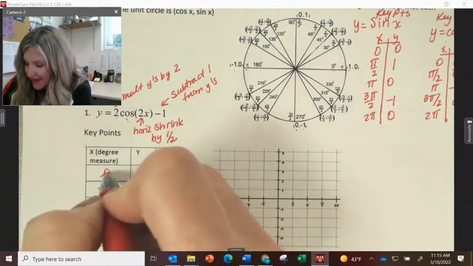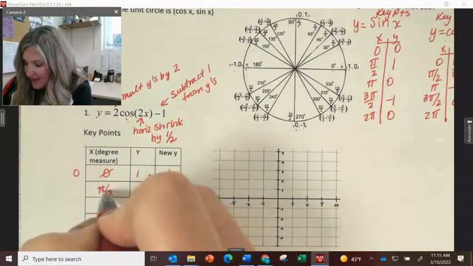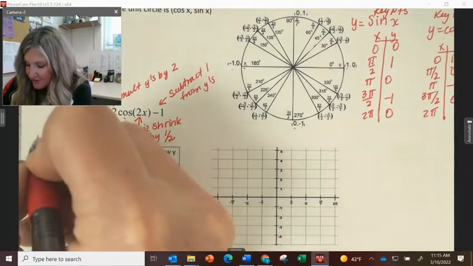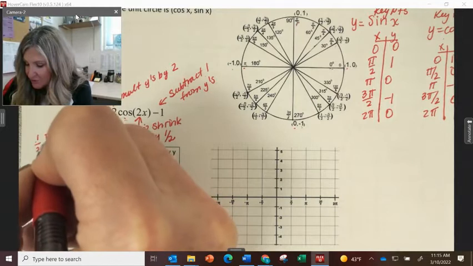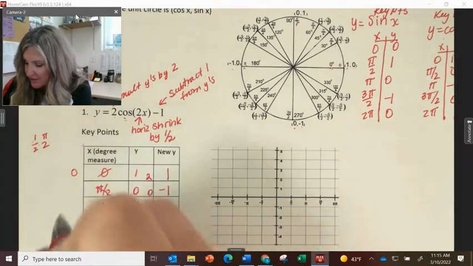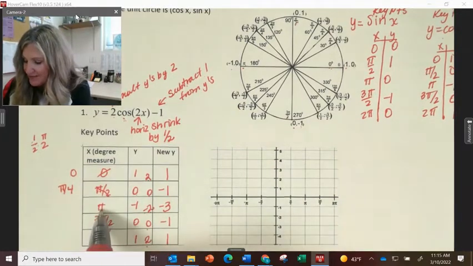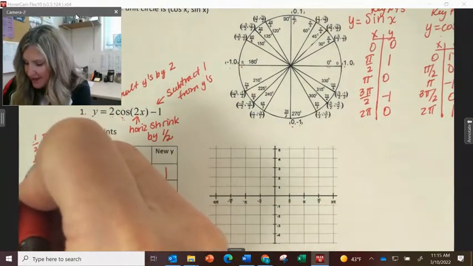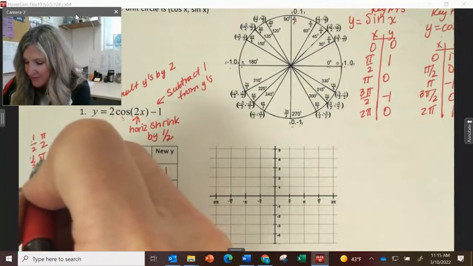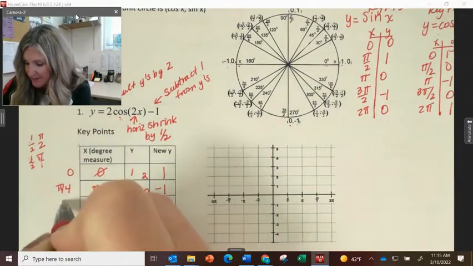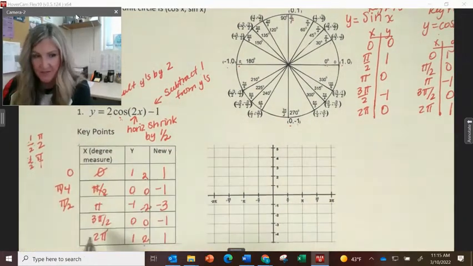So I have to take half of this x, half of this. If I do half of pi over 2, I just multiply straight across. That gives me pi over 4. If I do half of pi, multiply straight across, that's going to give me pi over 2.